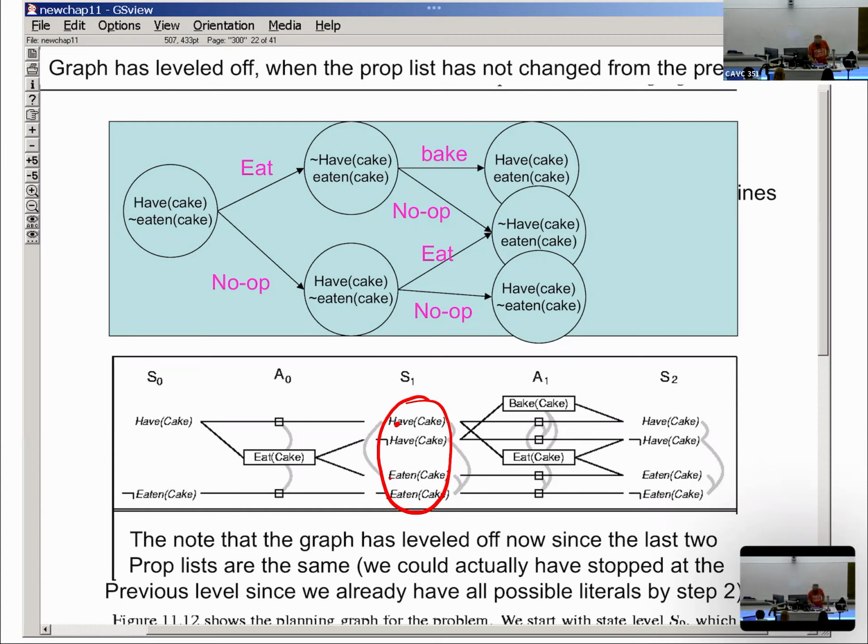And then for any pair of propositions, if the actions supporting them are interfering, then they would be marked mutually exclusive. And the actions supporting them are interfering if in fact they can't actually be done together. They can't be done together if their preconditions are interfering.